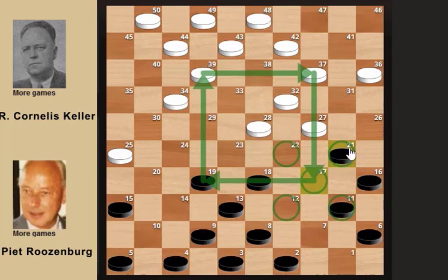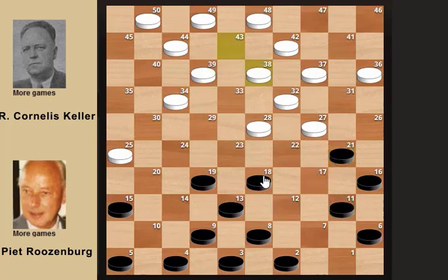So he decided to move to 21. Then Keller replied to that move by playing 43-38. Roozenburg replied by playing 5-10.